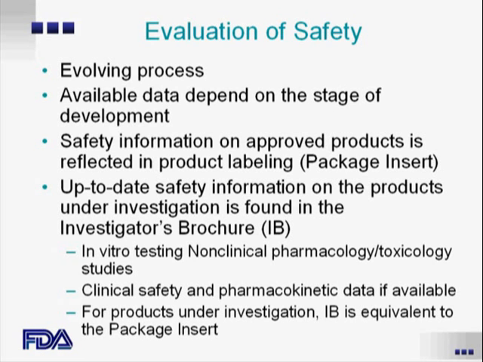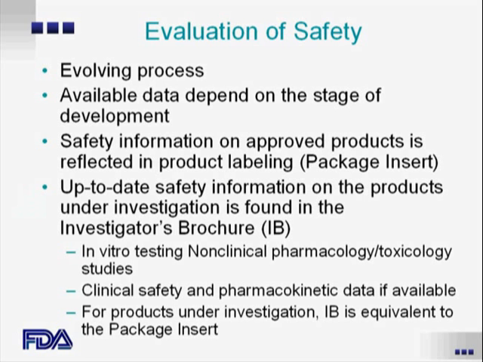Safety information for approved products can be found in the package insert, while for products under investigation, it is the investigator's brochure. In both of these sources, you will see in vitro safety information, as well as non-clinical safety that includes mechanism of action and animal studies.